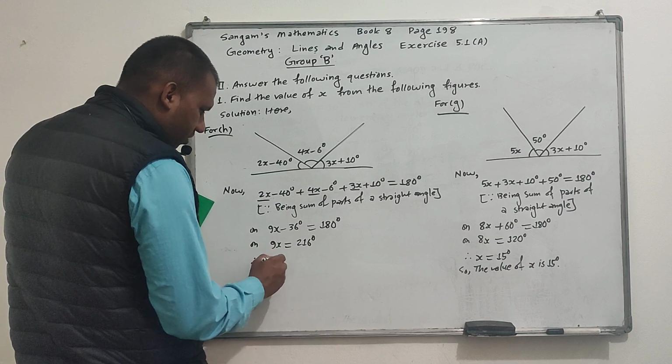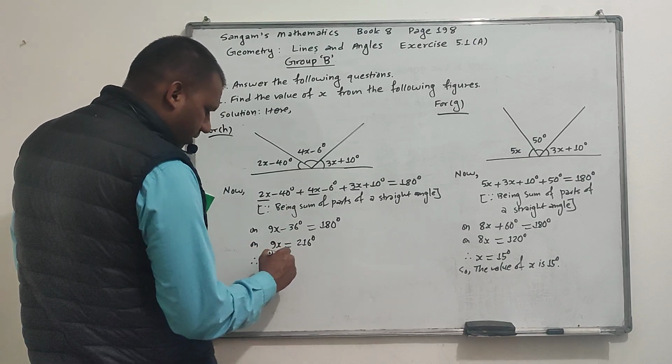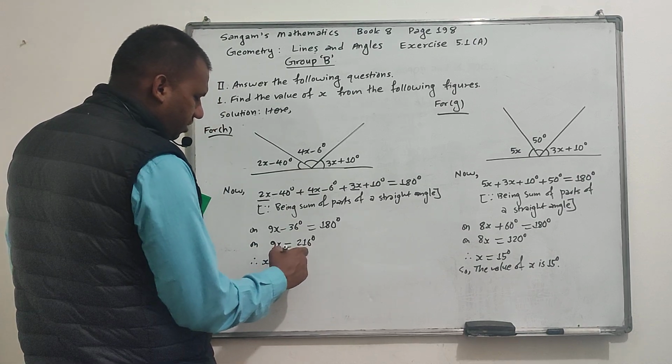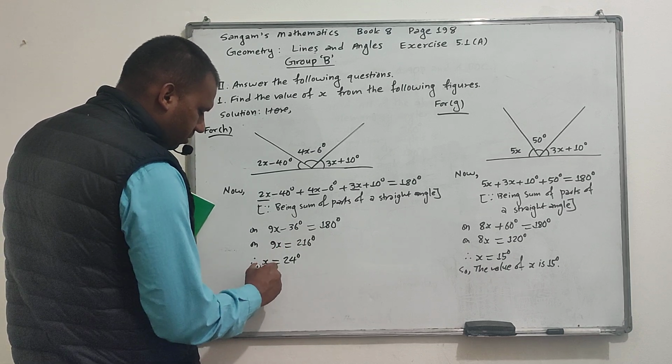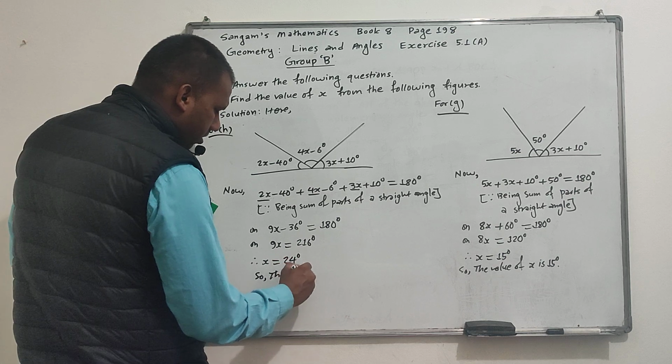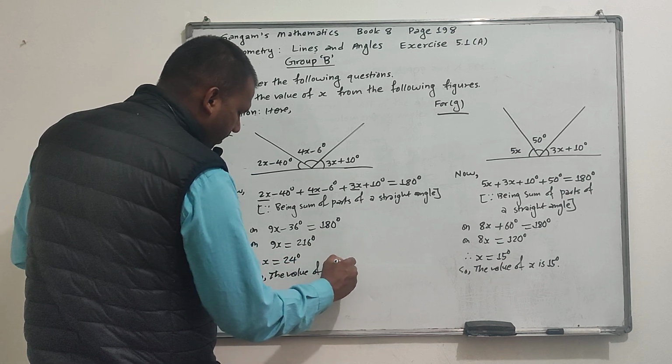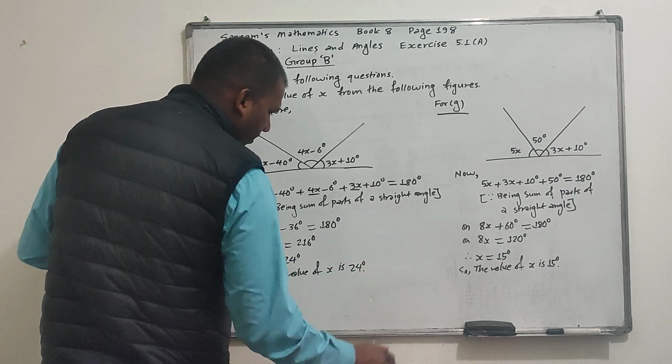Therefore, x equal to 216 divided by 9. 9 to the 18, remaining 3, 36, 36, 9 4 the 36, 24 degree. So, the value of x is 24 degree.